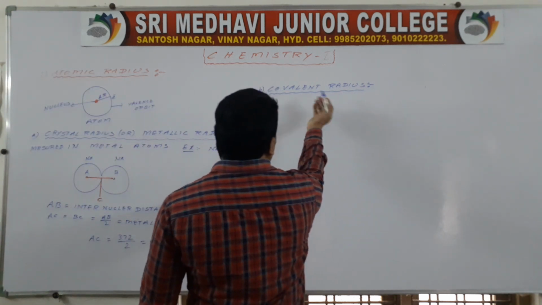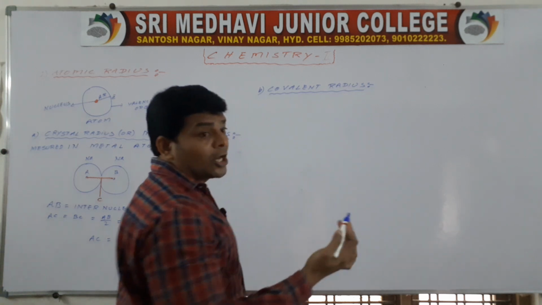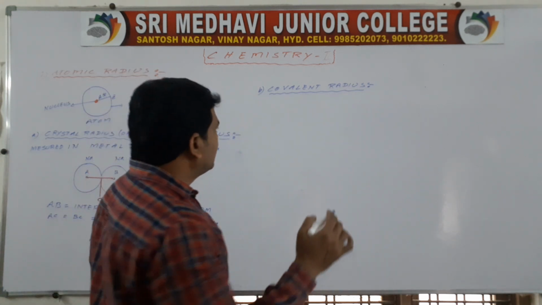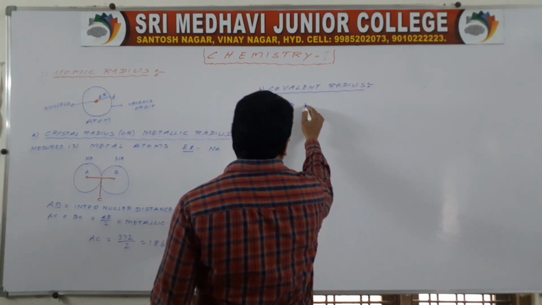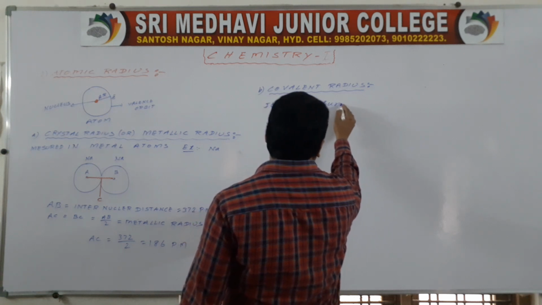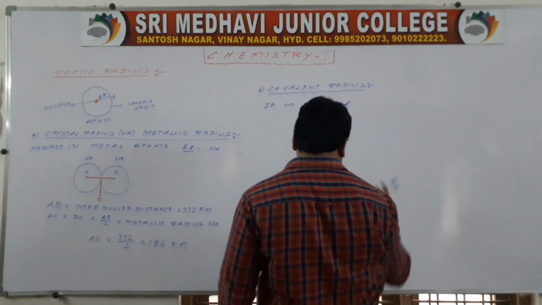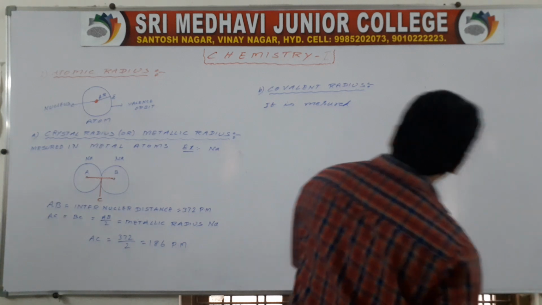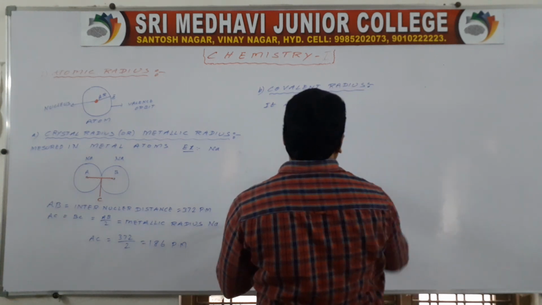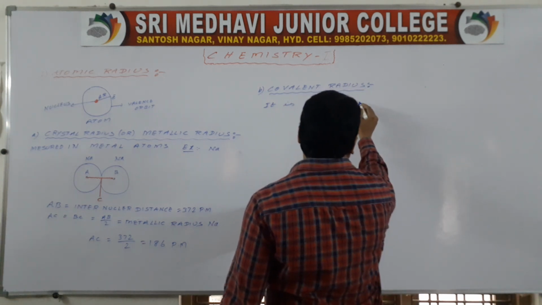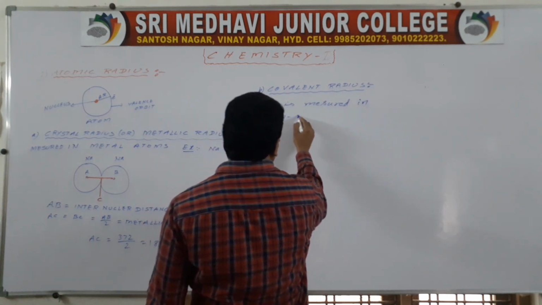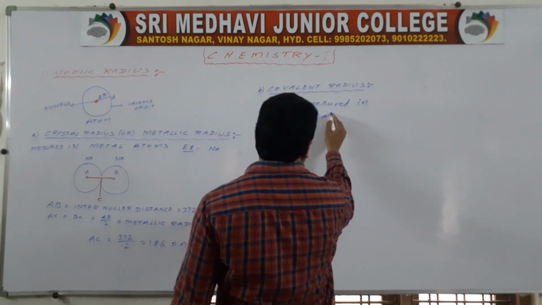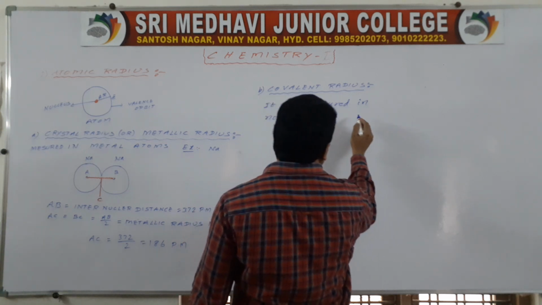So covalent radius is the non-metallic radius. It is measured in non-metals.